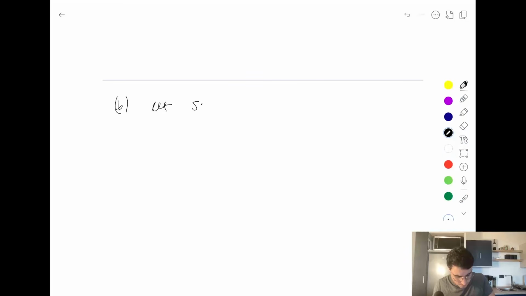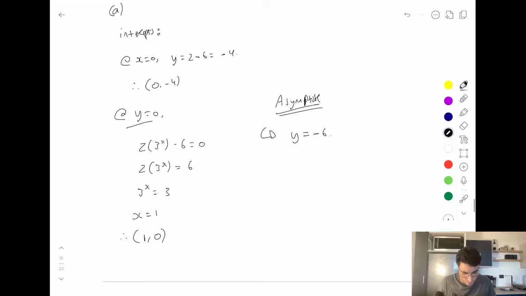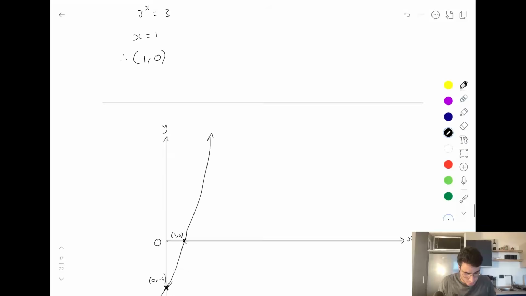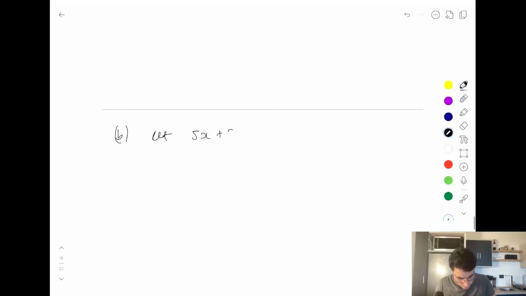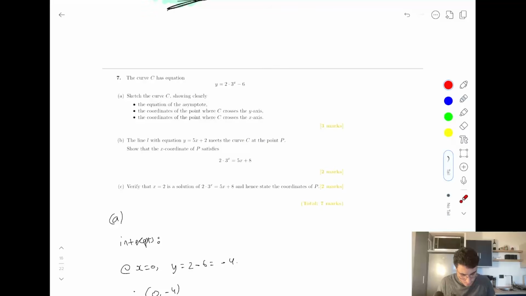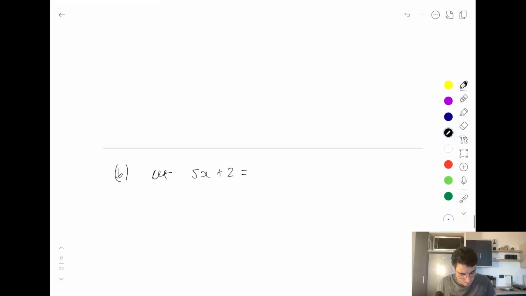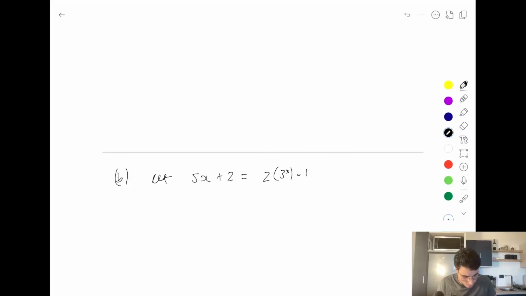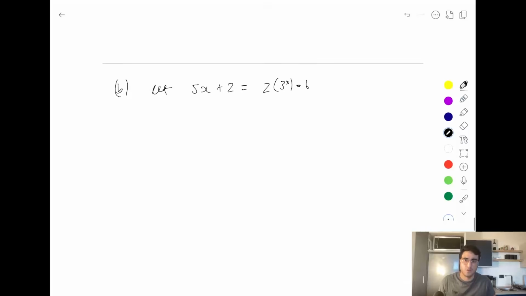So let 5x plus 2 equal 2 times 3 to the x minus 6. Okay, so what does that mean?